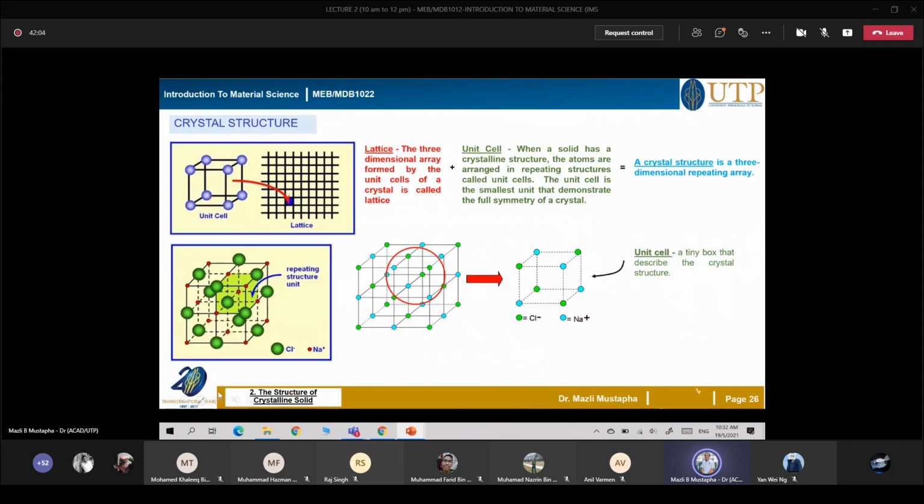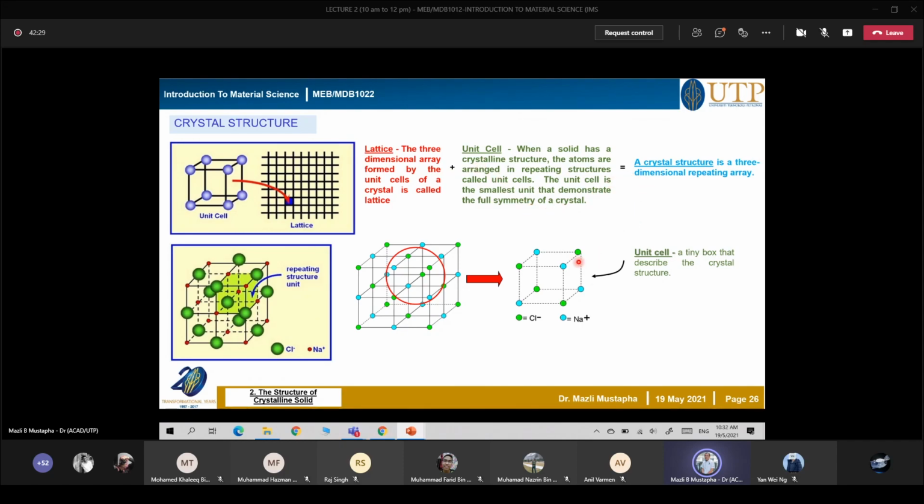Every material, let's say sodium chloride with ionic bonding, also has its repeating unit. As I mentioned earlier, this is just more information from our previous slide. We have defined what is lattice, and we also have defined what is the unit cell. A lattice plus unit cell becomes a crystal structure.